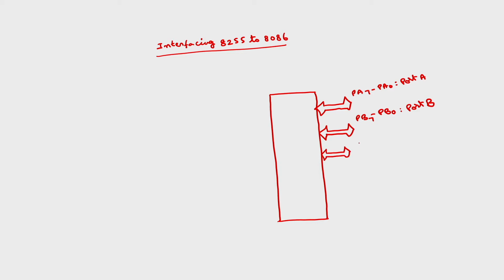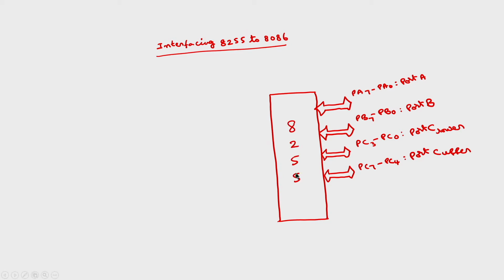All these are bidirectional because they can be programmed as input or output ports. This is called port C lower, and then we have PC7 to PC4, port C upper. This is 8255.